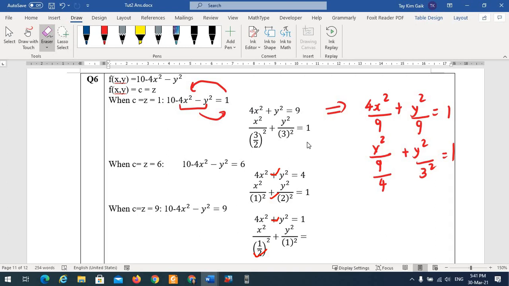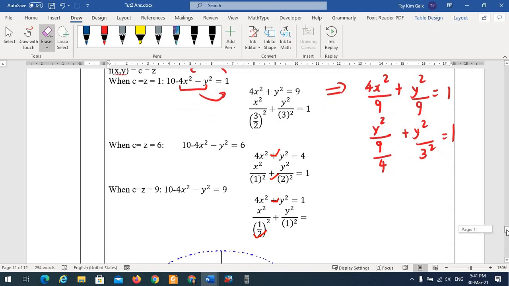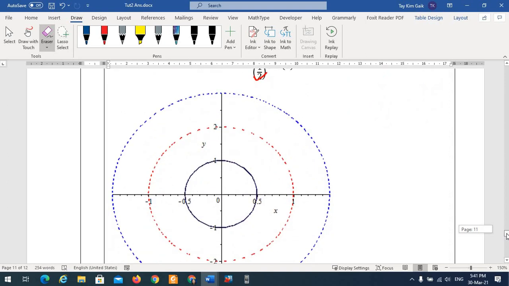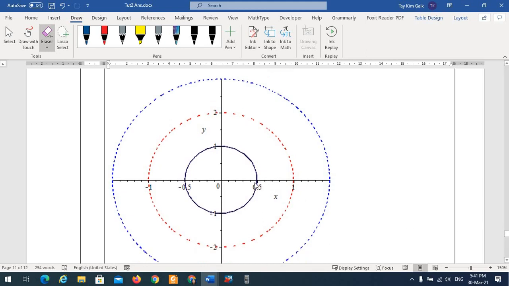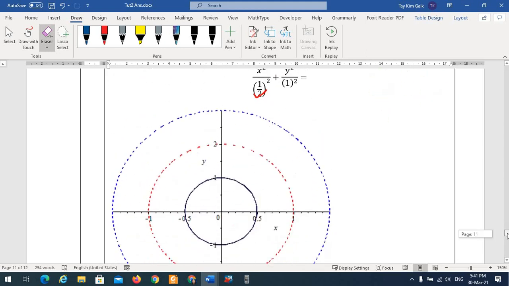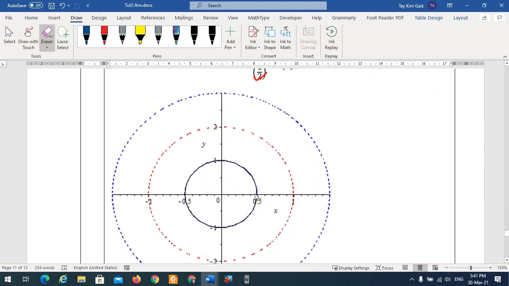So when z equal 1, we have one ellipse. Here, this one looks like a circle because when I plotted last time I forgot to change to the actual ratio. So it is supposed to be an ellipse.